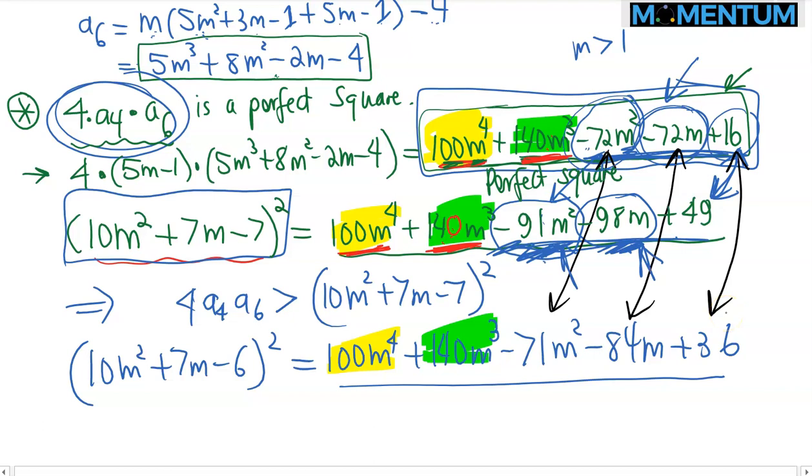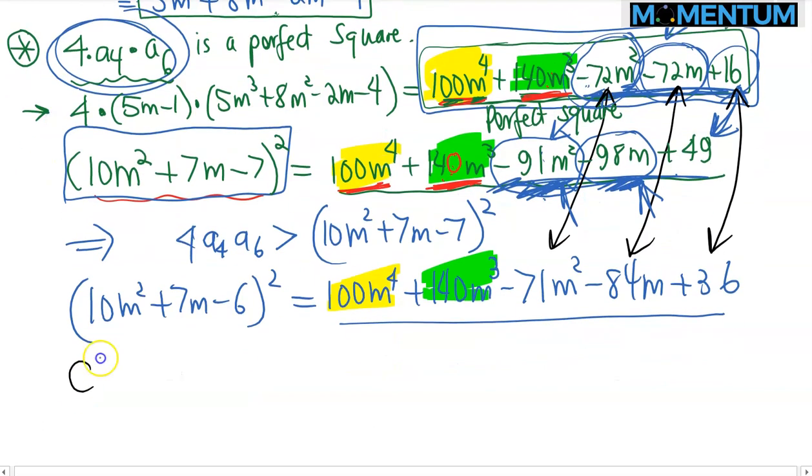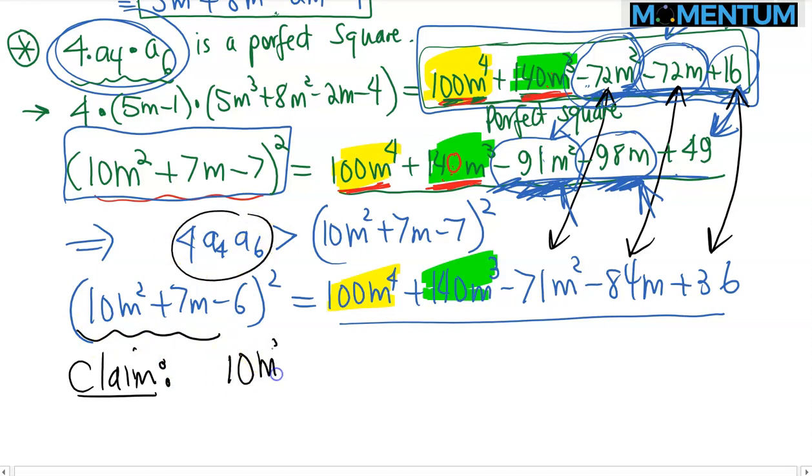Because these terms are so close to each other, let me go ahead and this time use appropriate inequalities. But my claim will be the following. I claim that this time that one is greater than this one. All right. So my claim is that (10m squared plus 7m minus 6) all squared exceeds 4 times a4, a6.